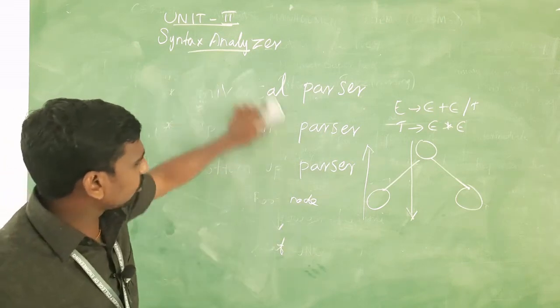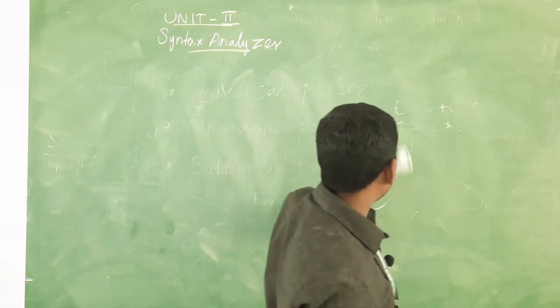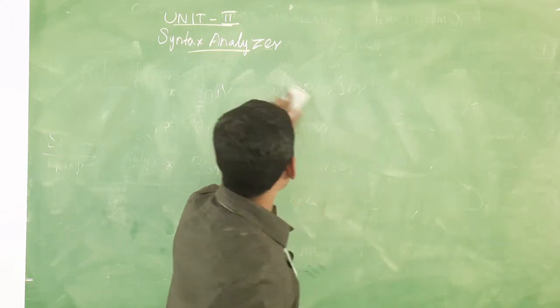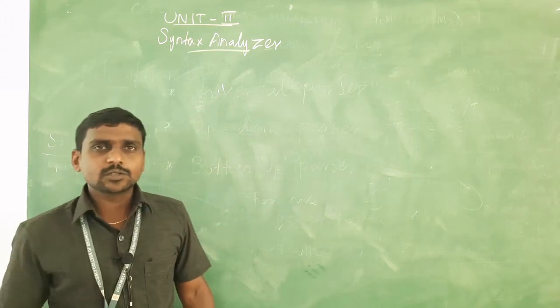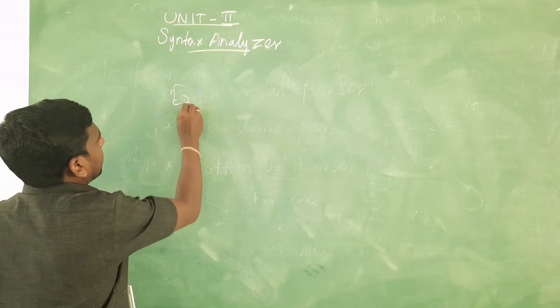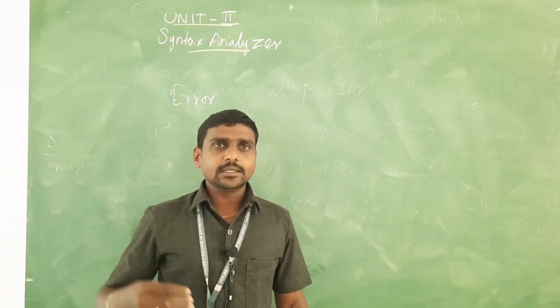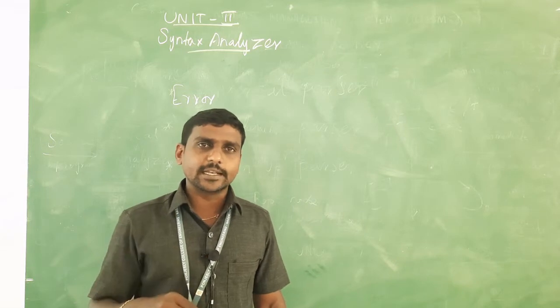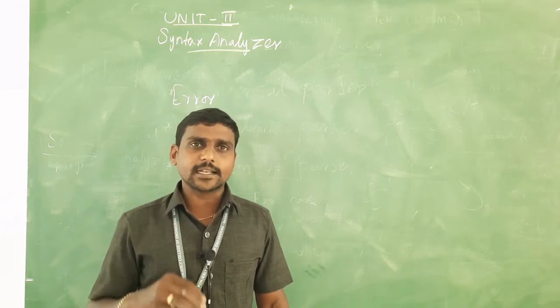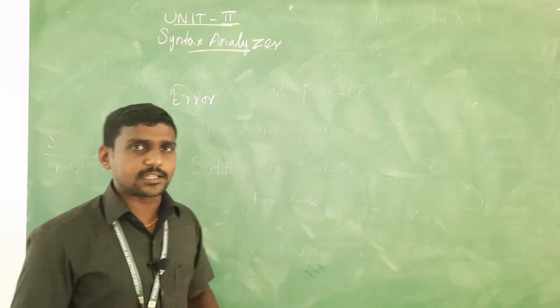So first you write the role of parser, second you write the types of parser, and the third one is error. While parsing we will get errors. The lexical analyzer also gets errors, all the phases do, but mainly we get errors in the syntax analyzer phase.